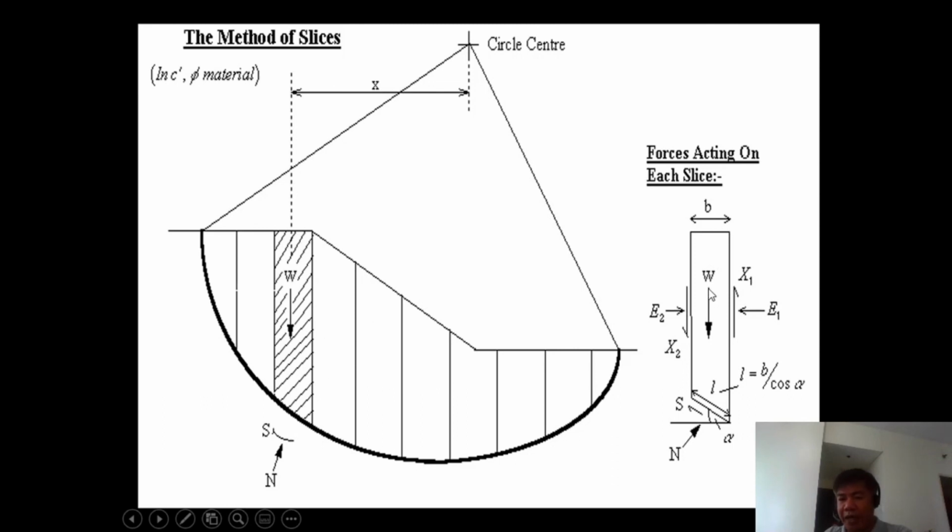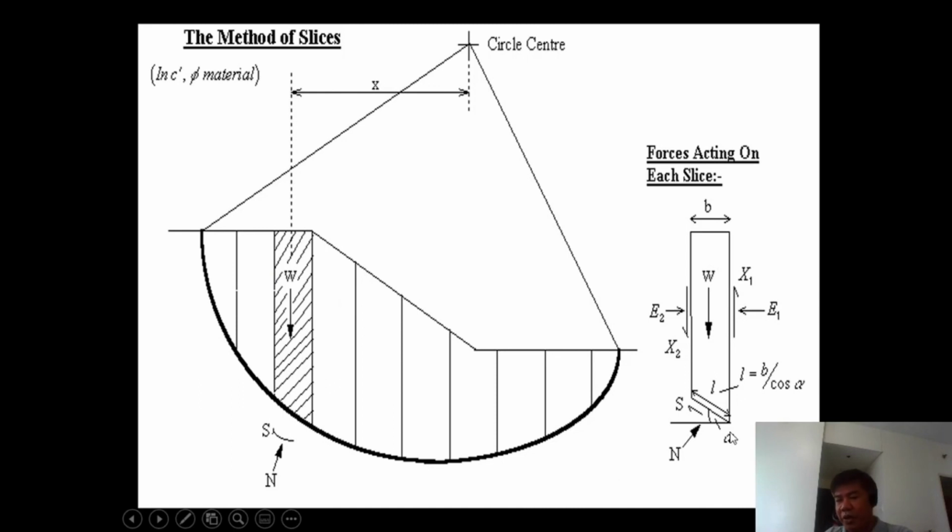So you have the weight, which is downward. This is like a free body diagram of this slice. If you can see, you have the normal and the tangential forces on both sides, which are an effect of the cohesive forces of the neighboring slice on the left and the slice on the right.